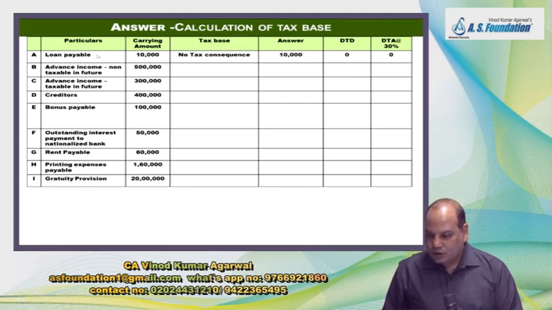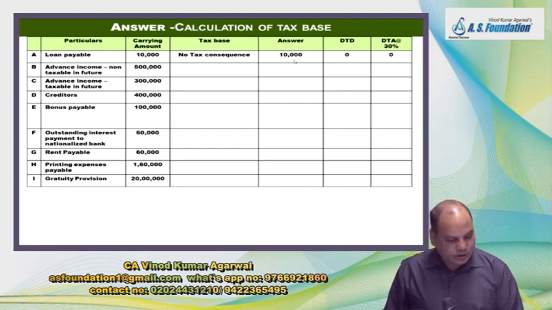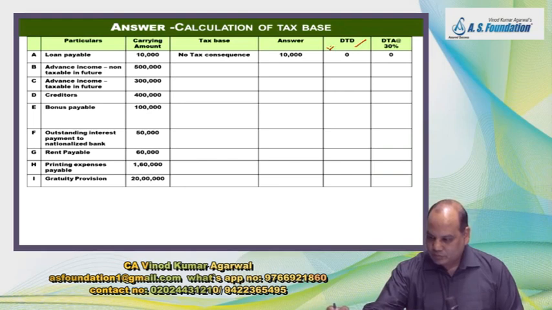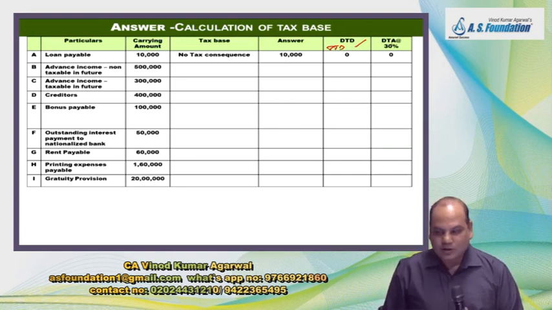If it has no tax consequence, then the tax base, this answer column is tax base, is 10,000. Then the difference, this column is either DTD or TTD, most of this will be DTD only. And then you compute DTA at 30%, which is 0.